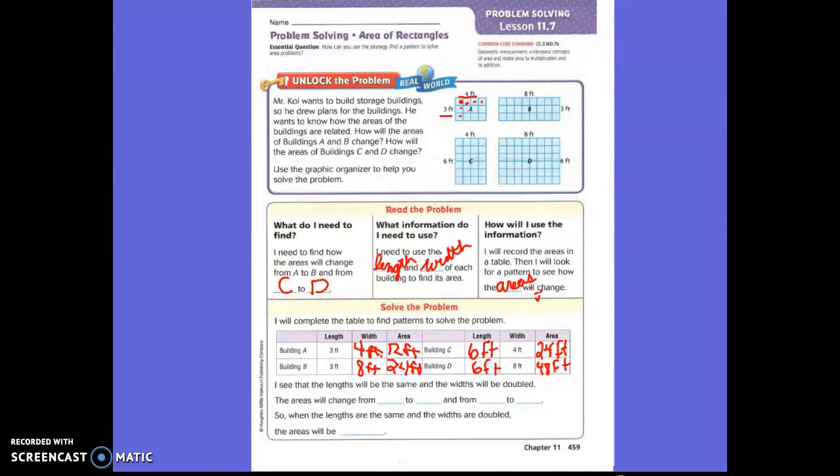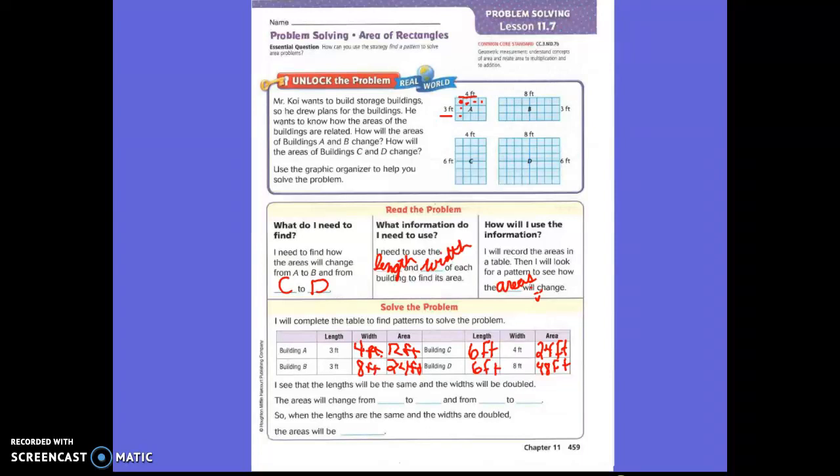I see the lengths will be the same and the widths will be doubled. Look, on building A and building B, the lengths are the same, right? 3 and 3. The width is doubled. If you double 4, what do you get? 8.